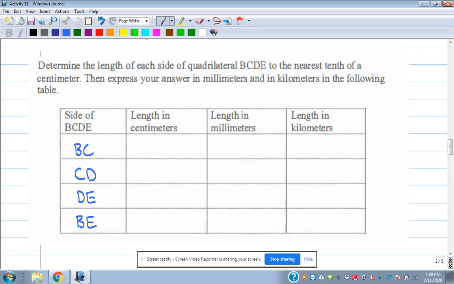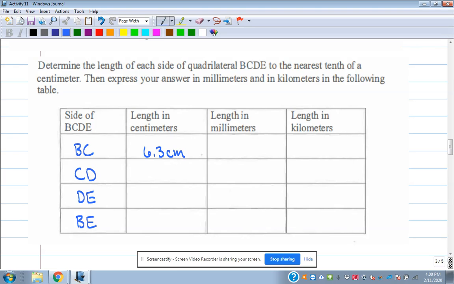So from B to C, I'm going to say 6.3. That's what I was about to say, 6.3. And then from C to D is the next one that I've got listed. And it doesn't matter what order you wrote those in there. That's just the order that I drew them in. So that's the order I was going to measure them in.